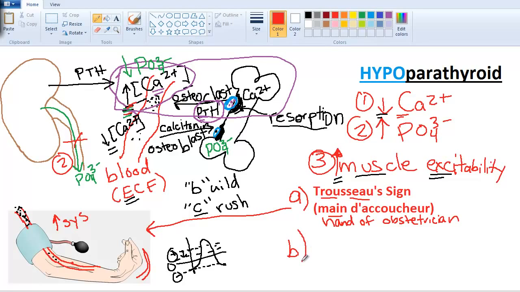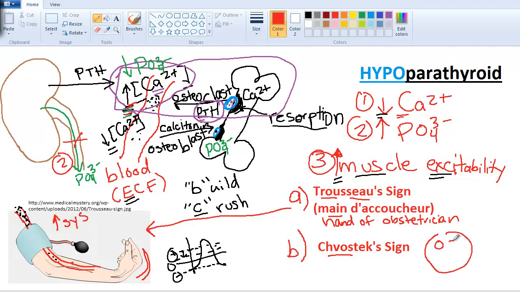Okay, so pretty much the exact same idea, but in another place of the body you could test it. This one is Chvostek's sign. Now this guy's not French, he is Czech-Australian, so I'm guessing that's probably his Czech side right there. Anyways, here's a face of somebody, eyes, nose, mouth, right?